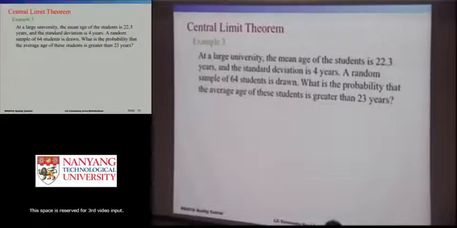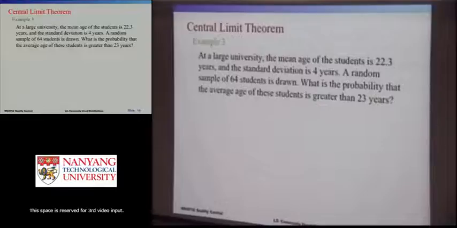Here, the first thing we need to think about is, what's our random variable? The average of 64 students, or just the age of an individual student?